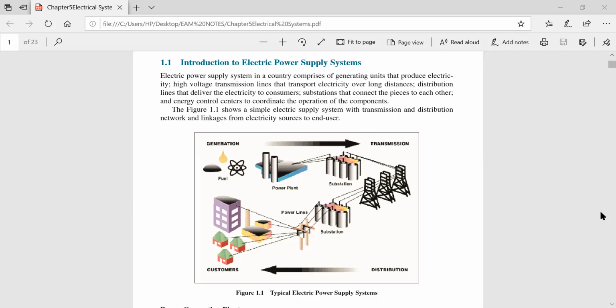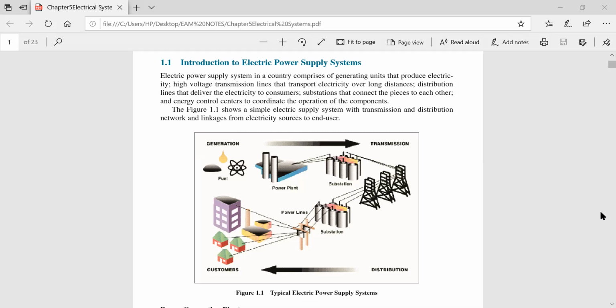There we are generating the electrical power, at 11 kV or 33 kV, and there itself they have the power transformers. The power transformer raises the voltage, so it's a step up transformer.